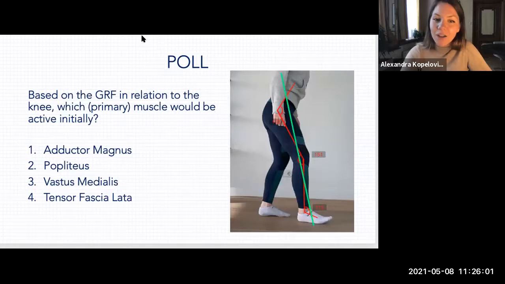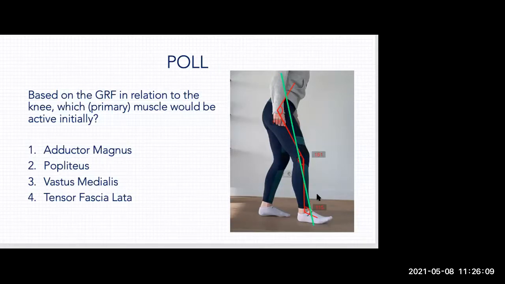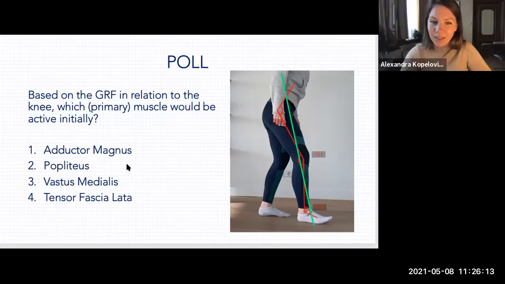So based on the ground reaction force in relationship to the knee, which primary muscle would be active initially? First answer, adductor magnus. Second answer is popliteus, vastus medialis, or TFL. So the correct answer is vastus medialis. So 67% of you got it right.